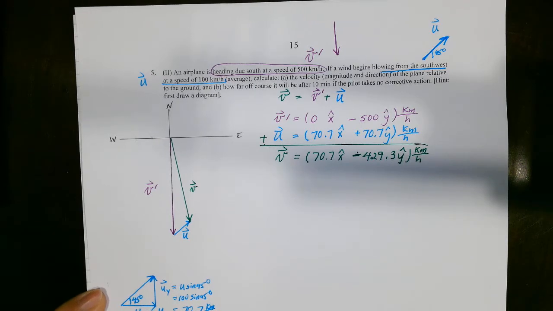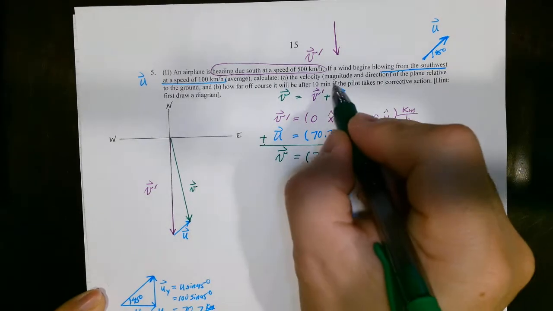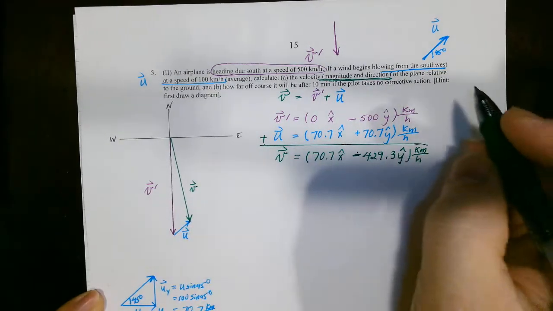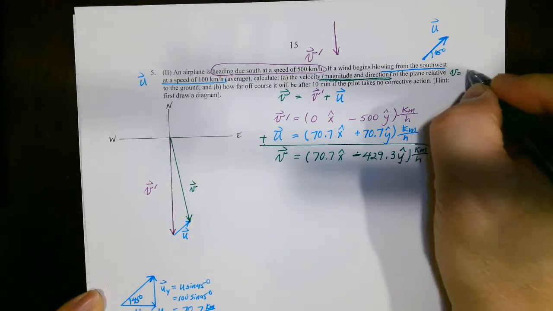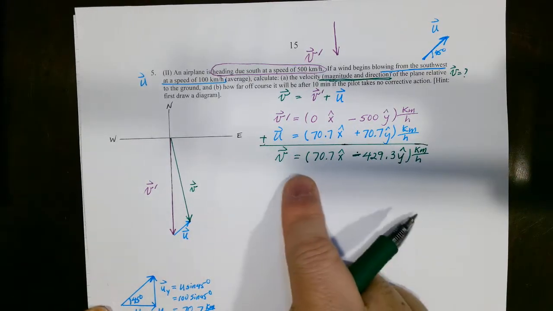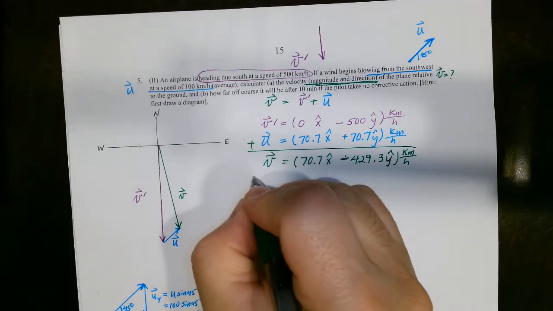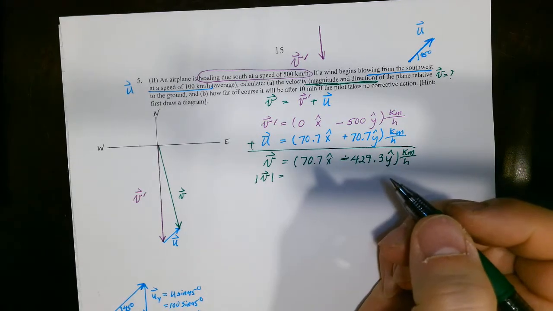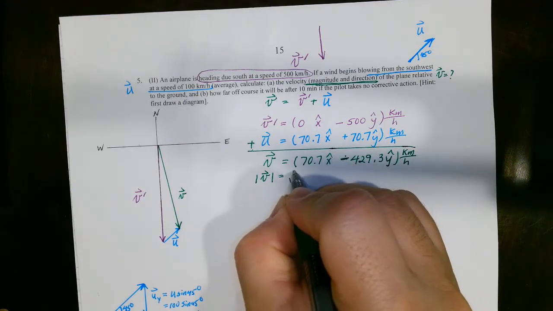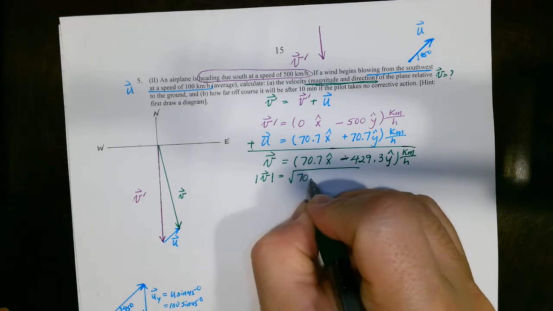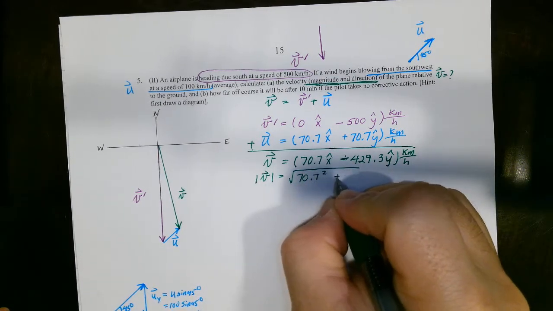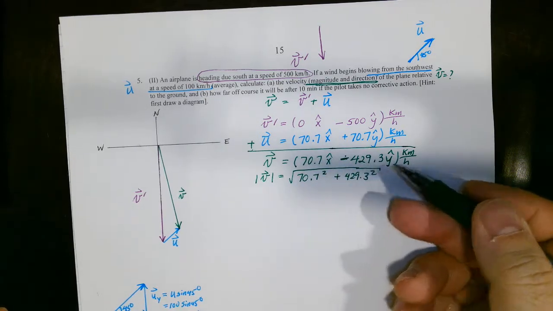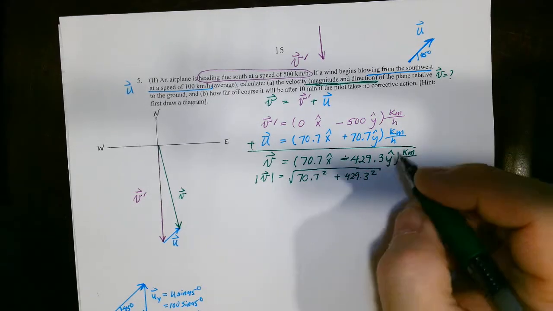So for part A, it says calculate the magnitude and direction of V, of the ground speed. Here we already know the Cartesian form, so we could find the magnitude, obviously. The magnitude is equal to the square root of 70.7 squared plus 429.3 squared. I know it's negative, but when you square the negative, you're going to get the positive anyway, right?